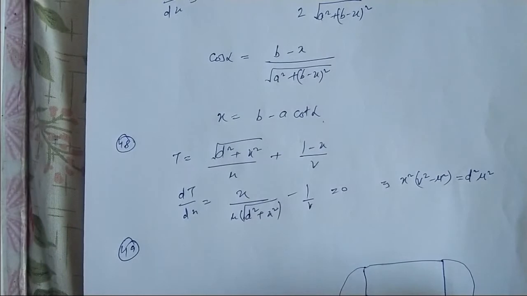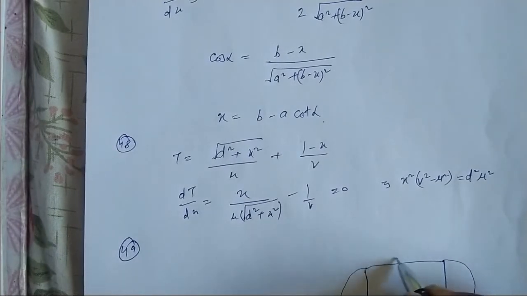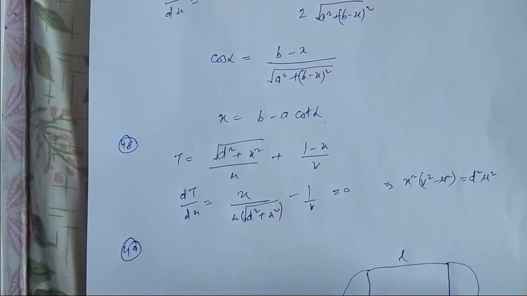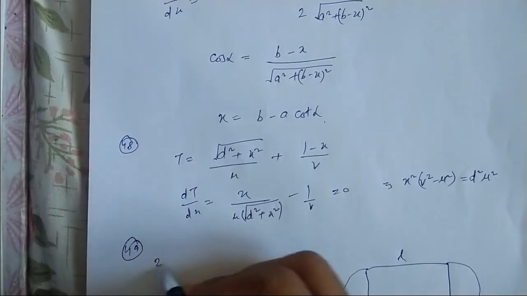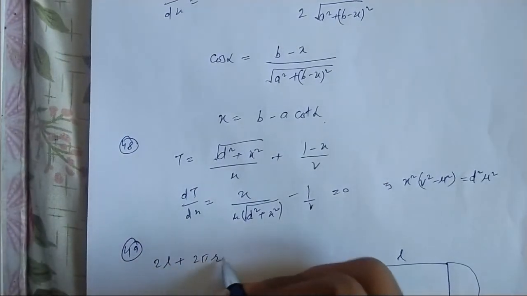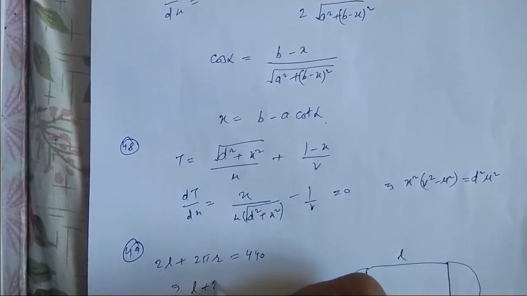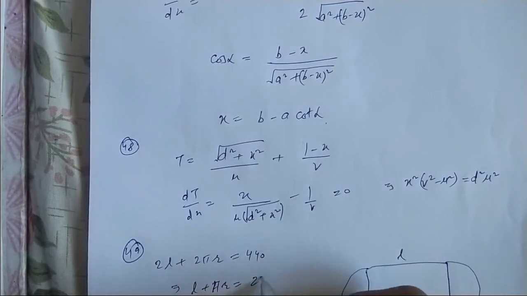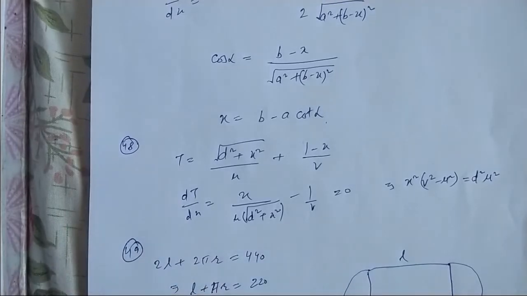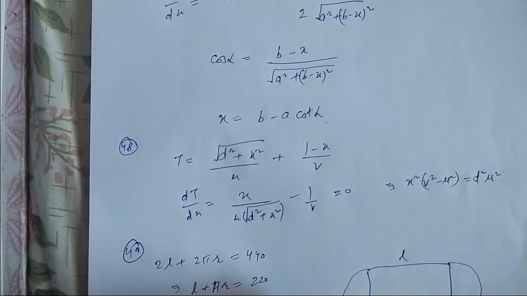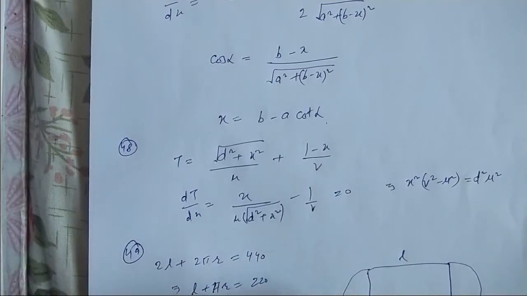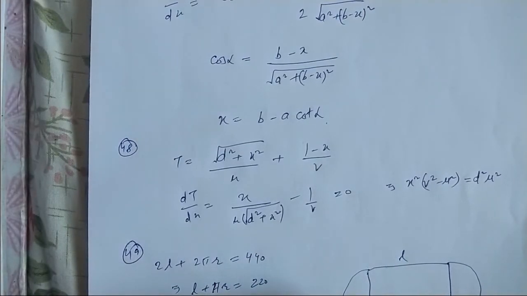So if its radius is r and this is l, then its perimeter would be 2l plus 2 pi r is equal to 440. This implies l plus pi r is equal to 220.